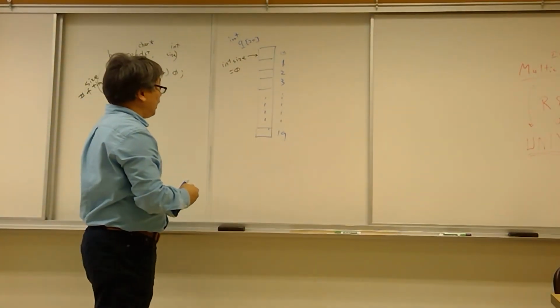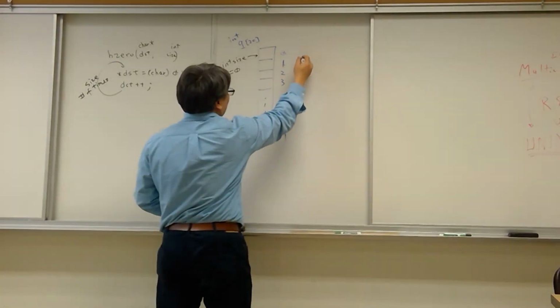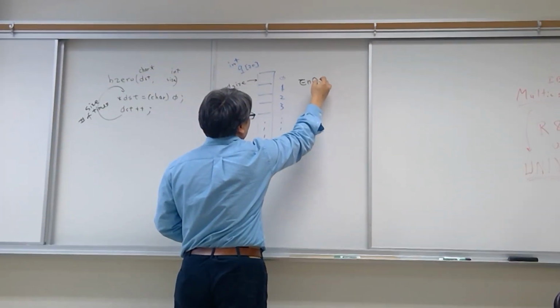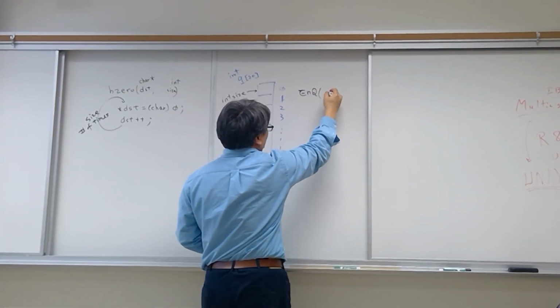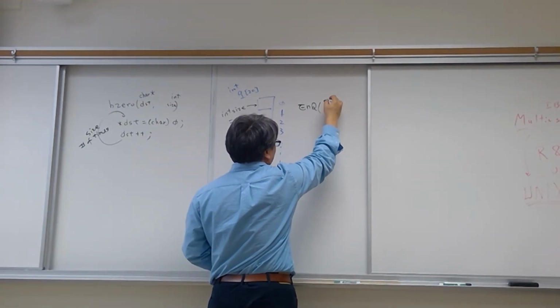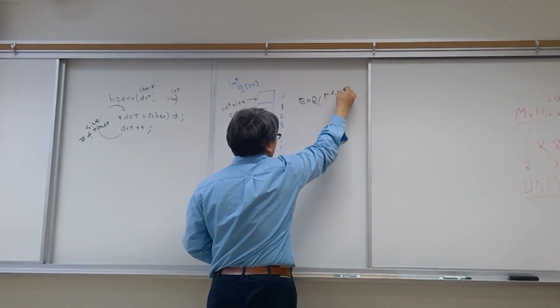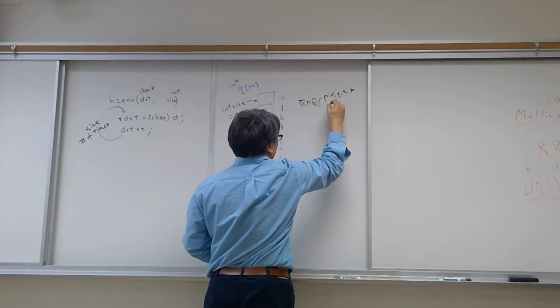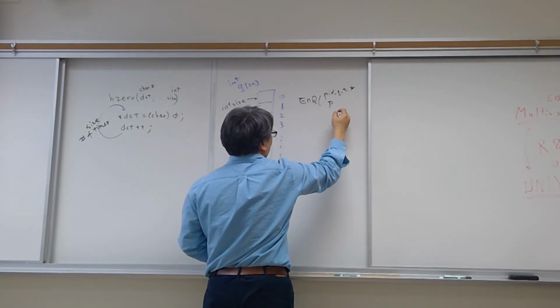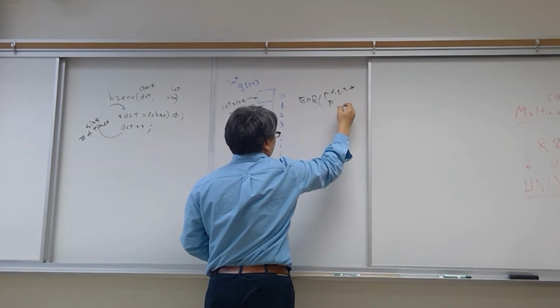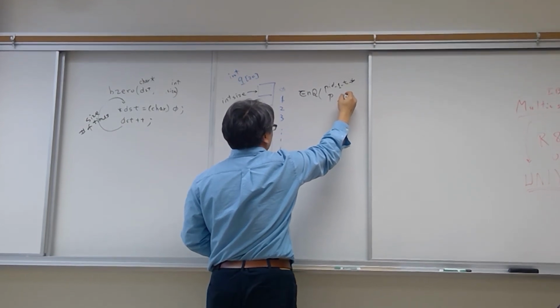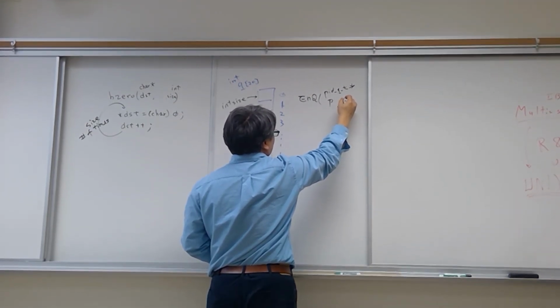So we can do the enqueue with the pointer that points to a PID queue type. And we're going to have an element to enqueue. The element to enqueue is a PID or integer.